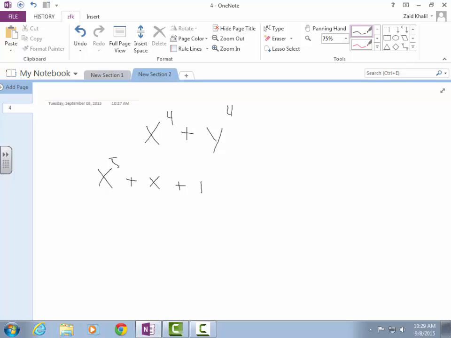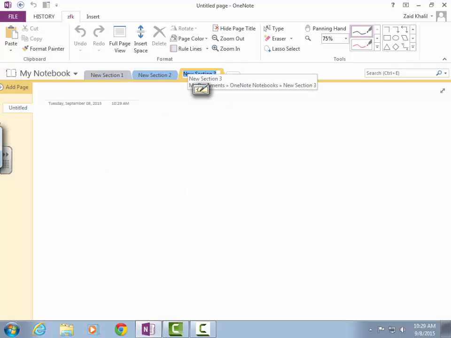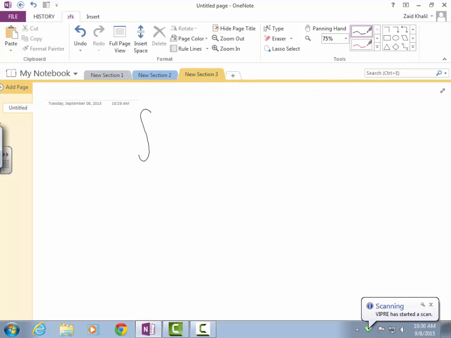But let's go over the basic integrals. Clearly there's the integral of x to the n dx. And for those of you who haven't seen this before, integration always requires that dx.